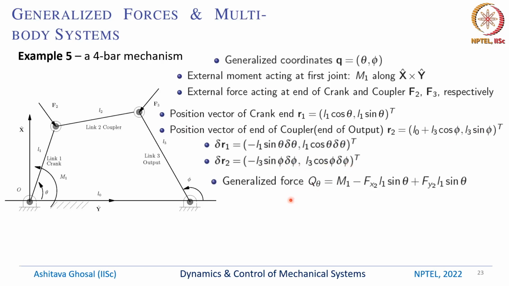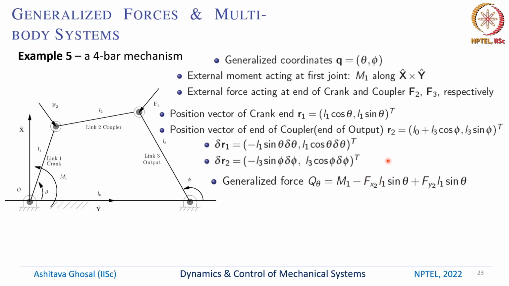So the generalized force is nothing but the F dot, the derivative of the position with respect to theta and phi, or the derivative of the velocity with respect to q dot.